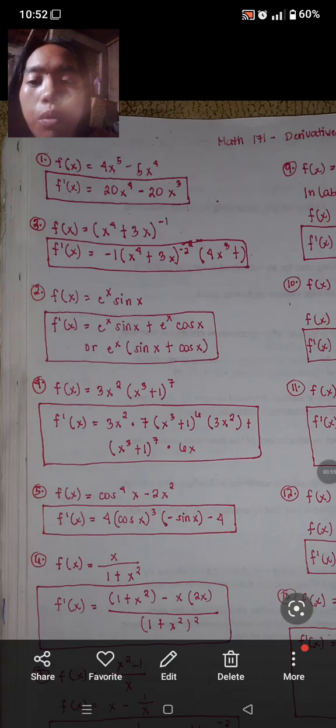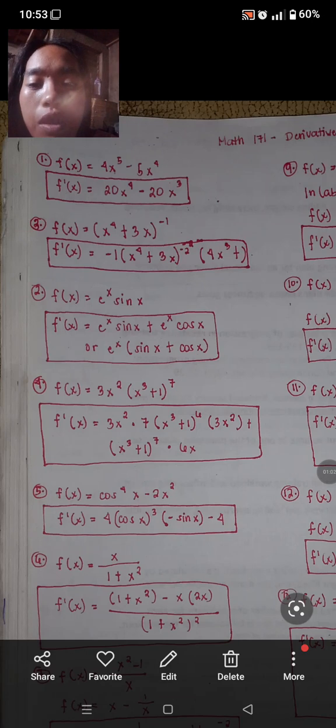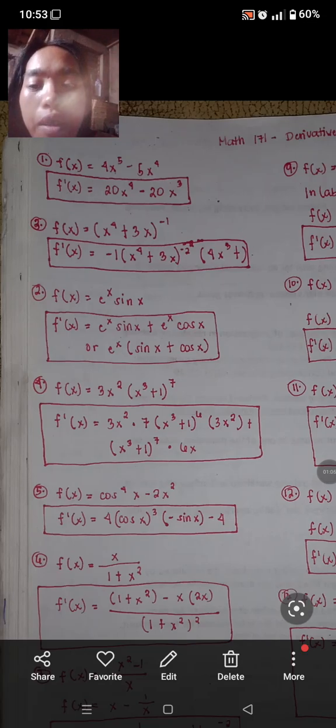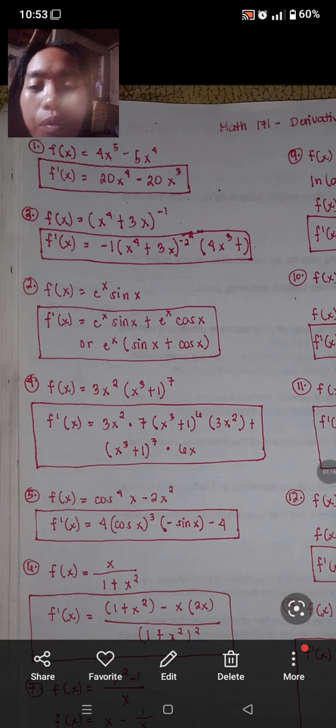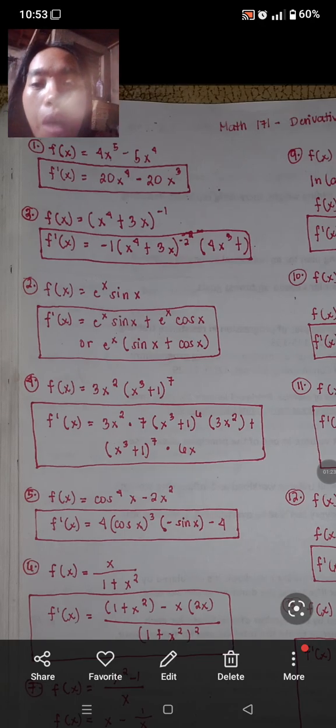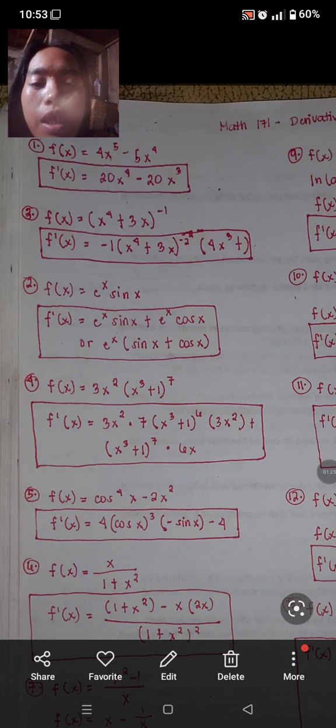So number 2, we have f of x is equal to the quantity of x to the fourth power plus 3x to the negative 1. We're just going to have to do the chain rule on this one. So first we put negative 1 and then the inner function, which is x to the fourth power plus 3x.